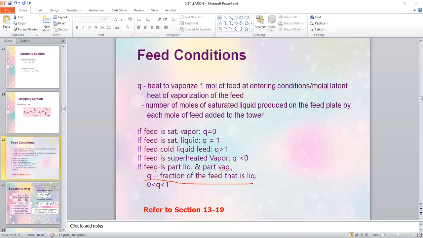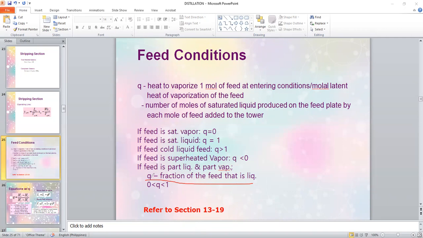The Q value is automatically 0.4. If it's 30% liquid, 70% vapor, the Q value is automatically 0.3. So that portion of your feed which is liquid is the Q value.